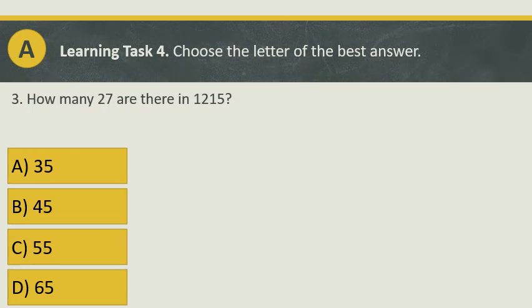Next, number 3. How many 27s are there in 1,215? So, 1,215 divided by 27. So, hindi pwede sa 1, hindi rin pwede sa 12. So, doon tayo sa 121. Ilang 27 meron sa 121? So, we have 4. And 27 times 4 is 108. Then, subtract tayo.